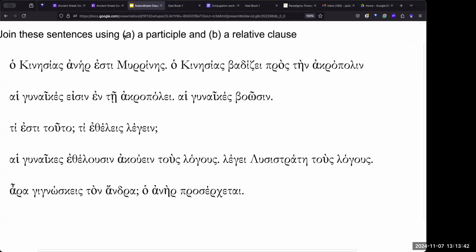You could say it the other way too: the women in the Acropolis, or those are the women in the Acropolis who are shouting, right? Can you just say they are shouting? Yeah, they are shouting, but who are shouting? It's the women who are shouting in the Acropolis, and the ones who are shouting there are the ones I'm interested in.